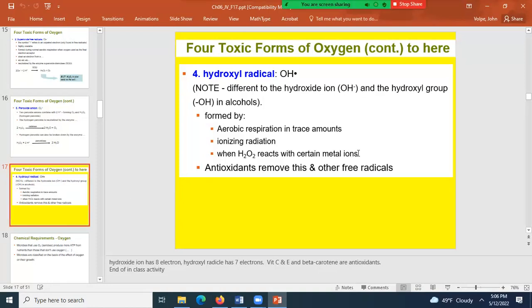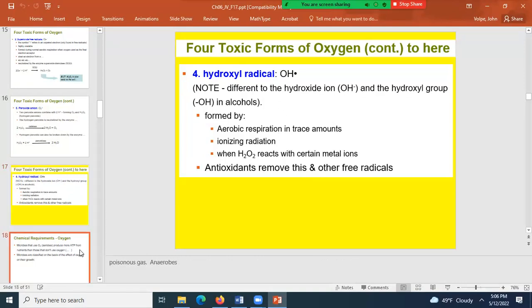And the anaerobes are actually killed by these toxic forms of oxygen because they don't have the enzymes or the antioxidants to protect themselves. All aerobes have the enzymes and the antioxidants to protect themselves from oxygen.